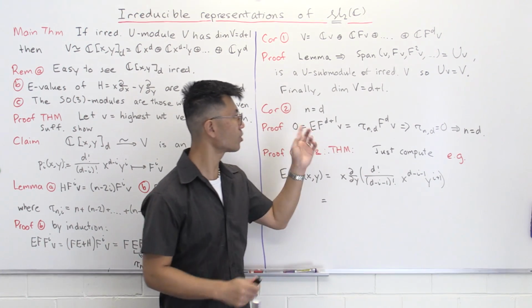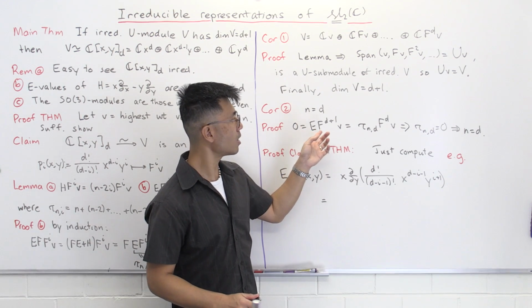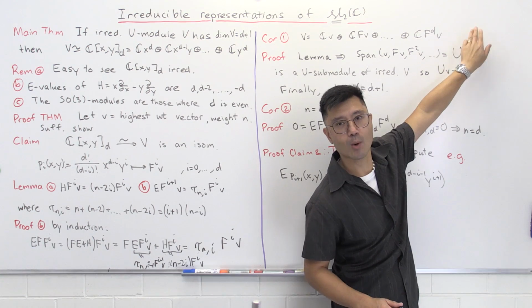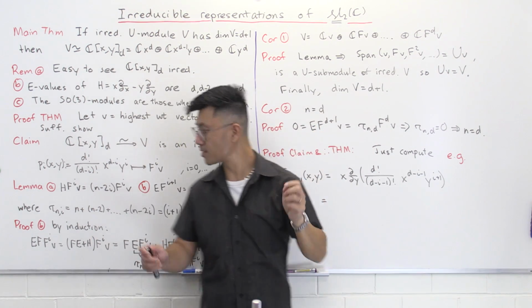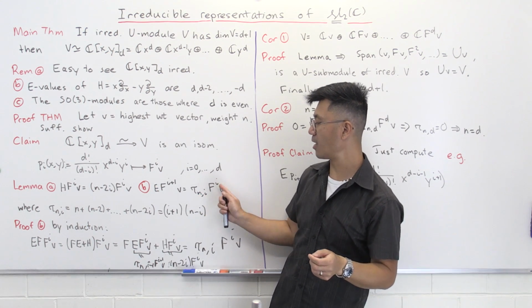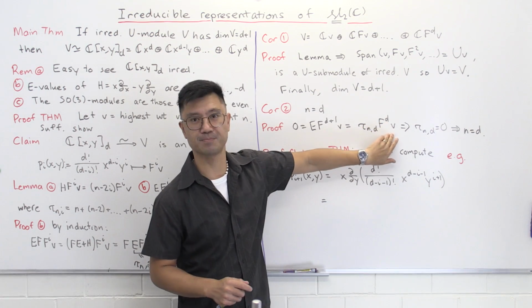So let's look at it when you have I equals d. So you're looking at e f to the d plus 1 v. Now f to the d plus 1, that's going to be when it's 0. So this is actually equal to 0. So this side here will be equal to 0. On the right-hand side, you'll get tau n d f to the d v.